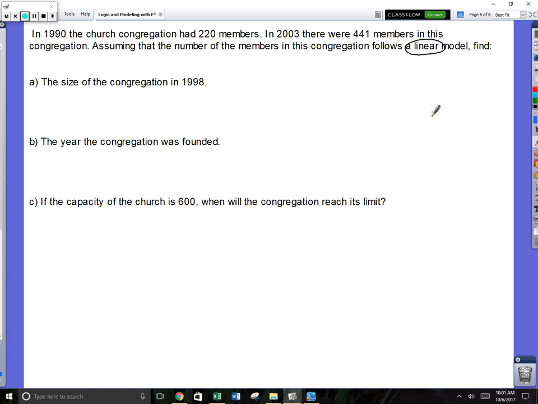So if we create a table and we go year and number of members, so in 1990 there were 220 members, and then in 2003 there were 441 members.